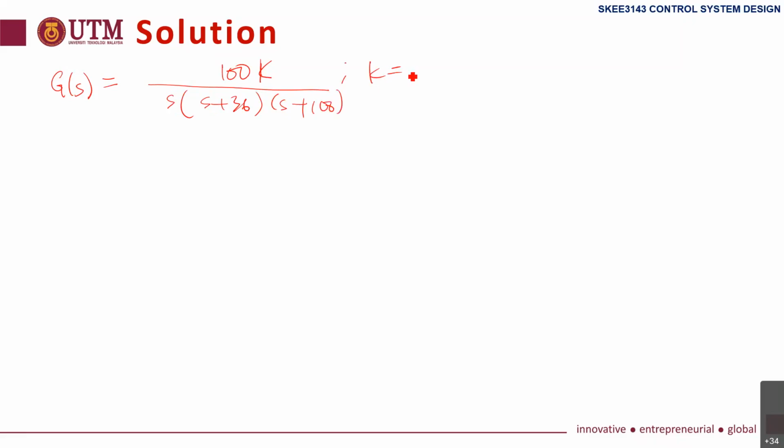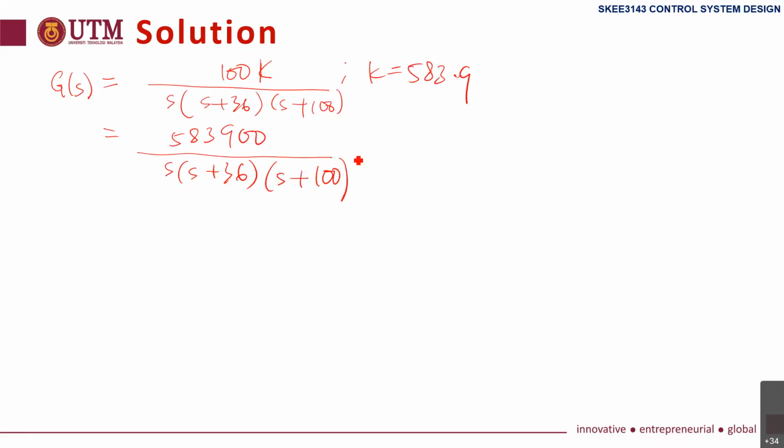And K is 583.9, then we get 583,900 over s(s plus 36)(s plus 100). That is the system with overshoot 9.5%.